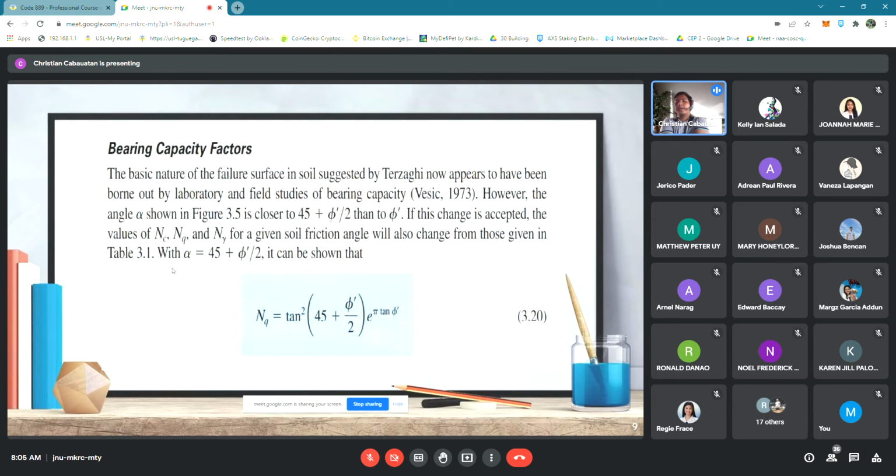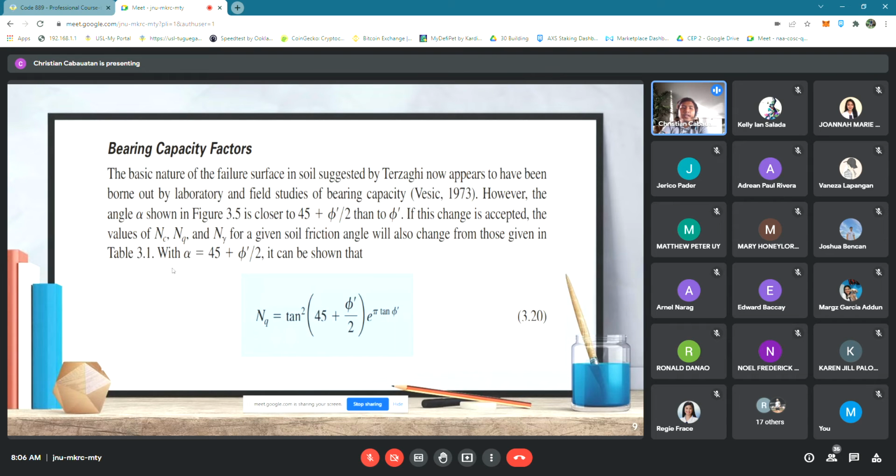Okay. The bearing capacity factors. The basic nature of the failure surface suggested by Terzaghi now appears to have been borne out by laboratory studies. So Vesic in 1973 tried to develop some formulas for the Nq, Nc, and N gamma. Hindi siya nakontento kay Terzaghi, sinubukan niyang gumawa ng para sa kanya din.